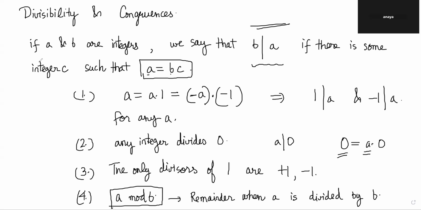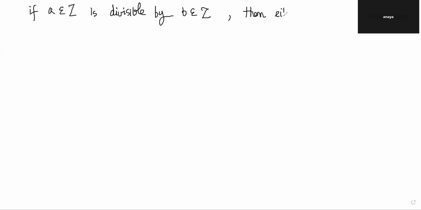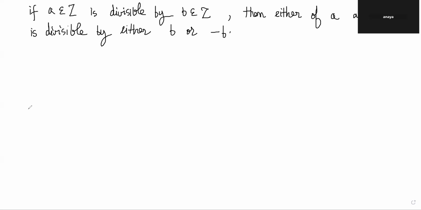The next consequence here is if A belonging to integers is divisible by B belonging to integers, then either of A and minus A is divisible by either B or minus B. All of this follows from the definition directly, right?